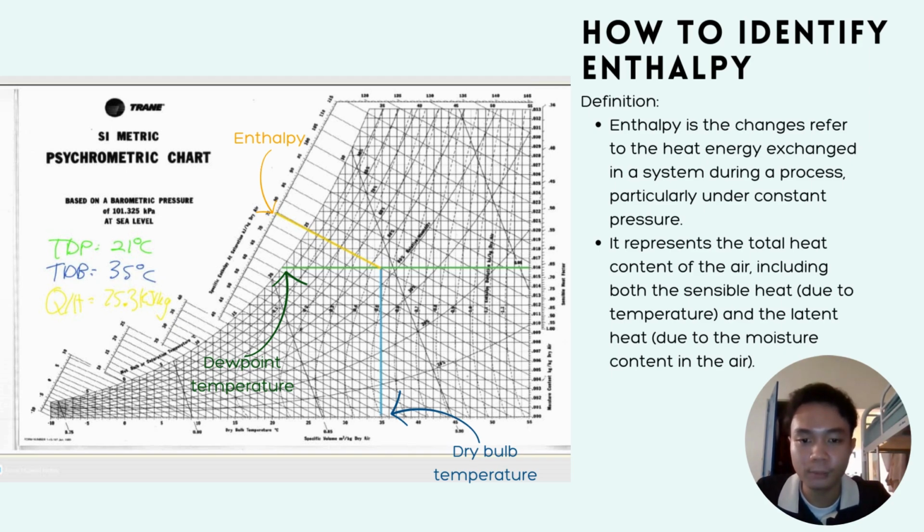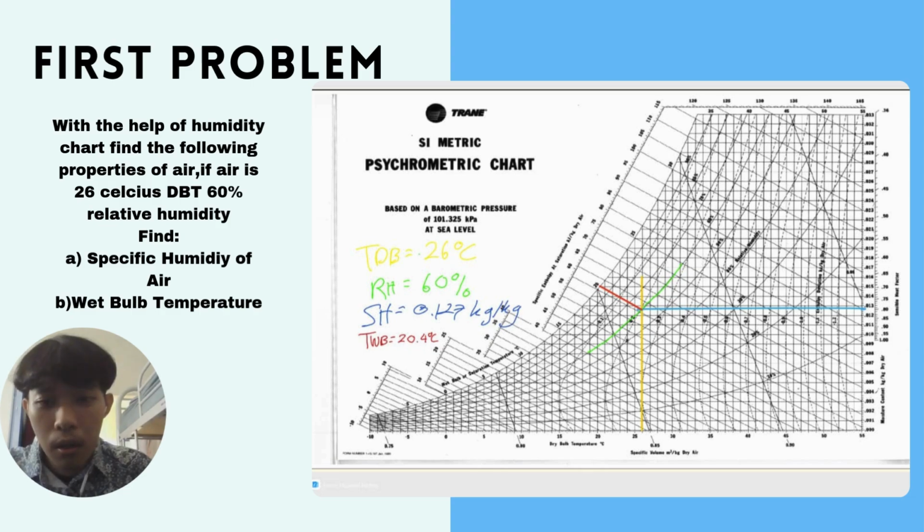For the first problem, with the help of the humidity chart, find the following properties of air, if air is 26 Celsius temperature dry bulb and 60% relative humidity. The first step is to identify 26 Celsius temperature dry bulb and make an upward line until it touches the 60% relative humidity line.